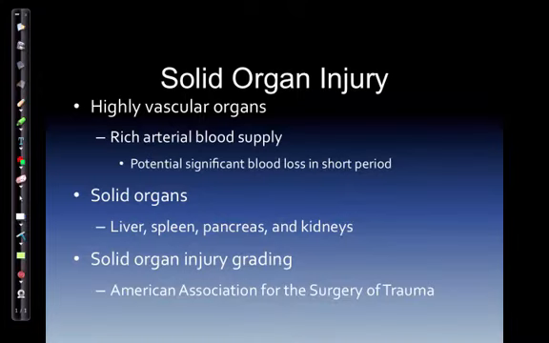So it's jammed in between the aorta and the stomach. The kidneys are also in the retroperitoneal area, but not as well protected as the spleen. Solid organ injury grading: the American Association for the Surgery of Trauma grades injuries based on the size of the laceration and hematoma or the presence of vascular injuries.